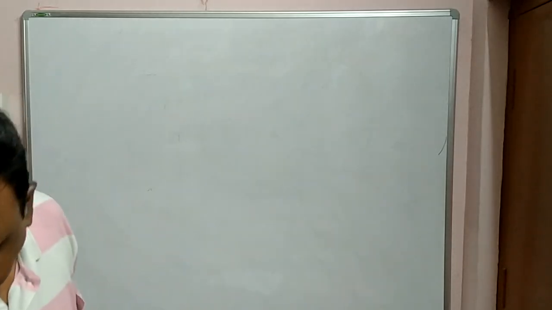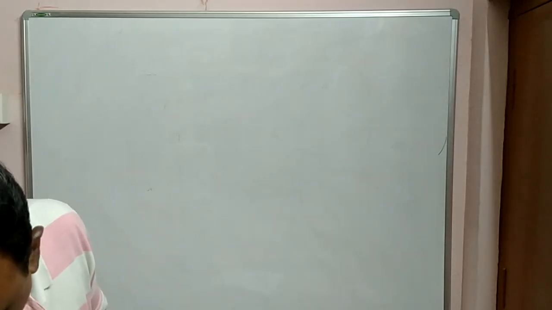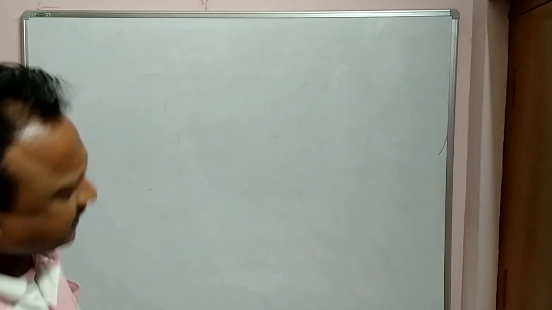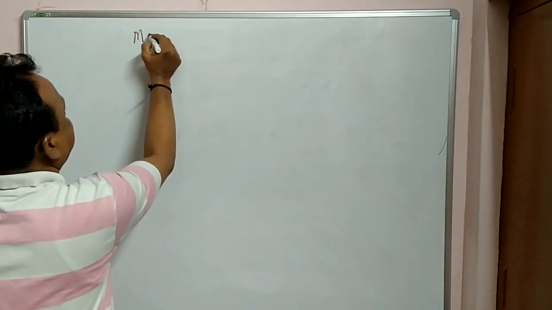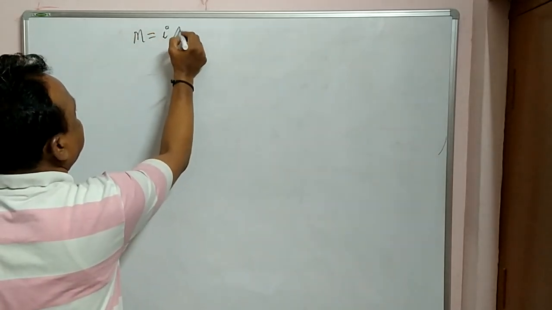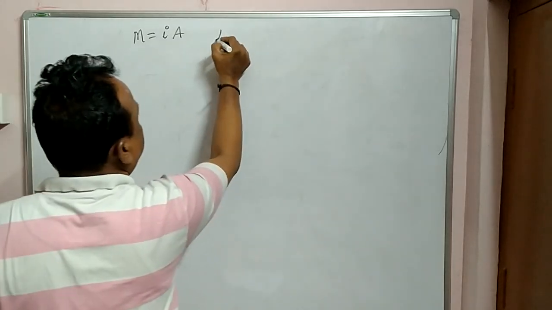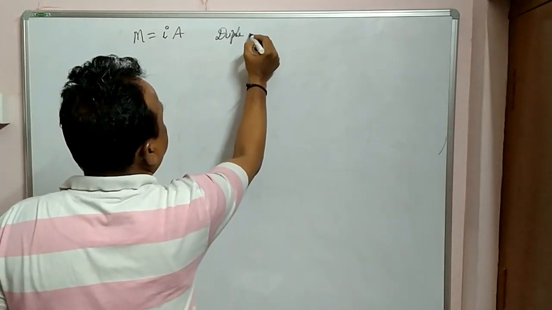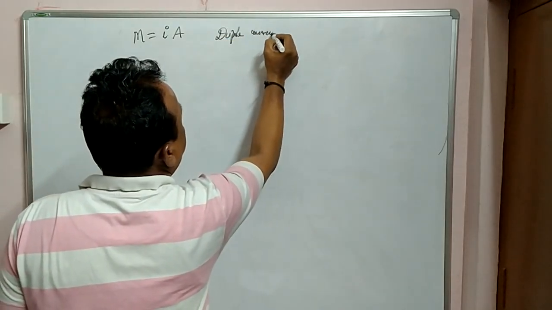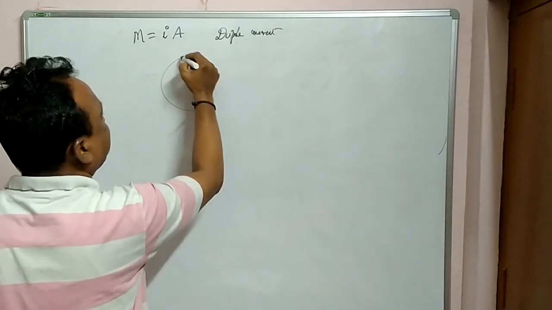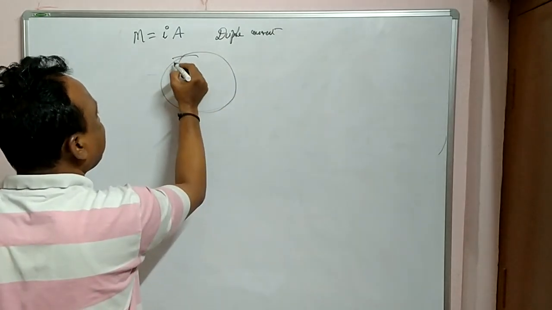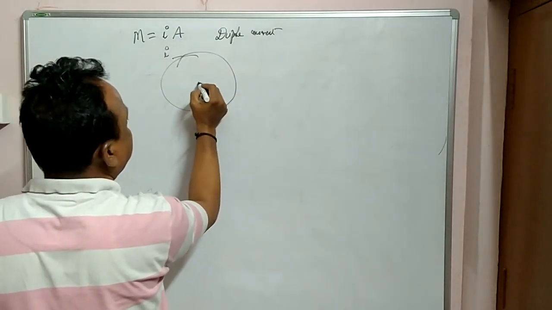Now suppose you can see here, already I have explained regarding magnetic moment. This magnetic moment is also called the dipole moment. This is for a circular coil carrying current.